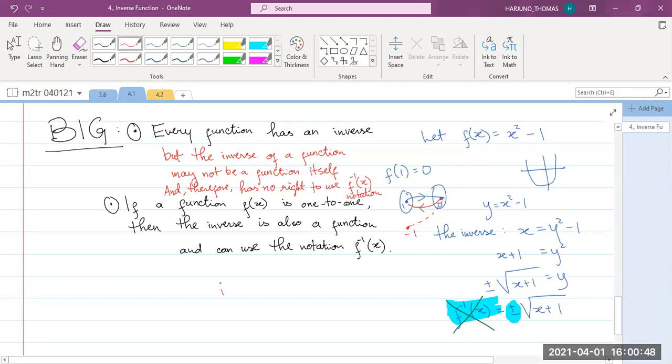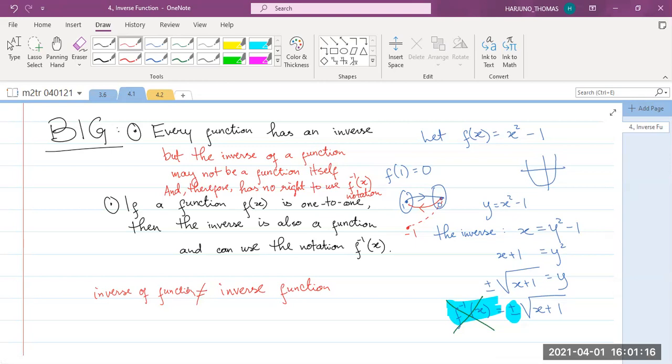So the phrase inverse function is not the same as the phrase inverse of a function. No, it's not. It took me a while to realize that students misunderstand these two phrases. They are not the same. The inverse of a function is always there.